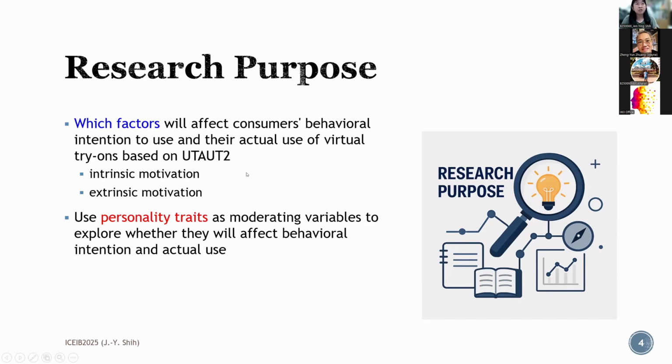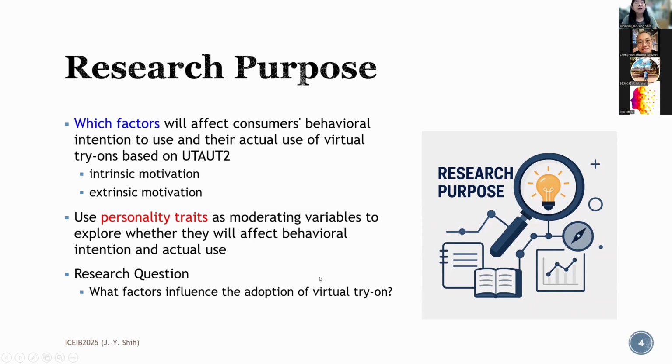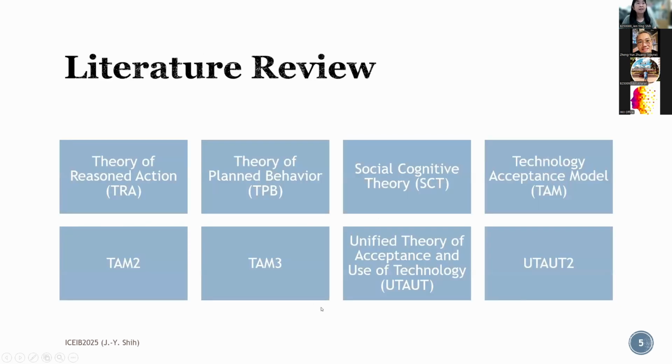In addition to traditional UTAUT2 consideration, we also use personality traits as moderating variables to explore whether they will affect behavioral intention and actual usage. So I set my research question as what factors influence the adoption of virtual try-on technology?